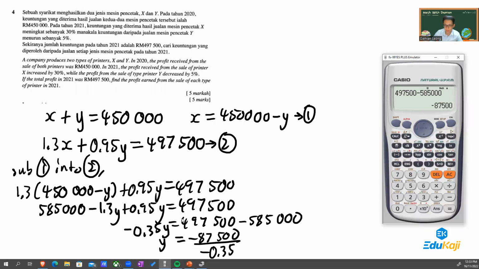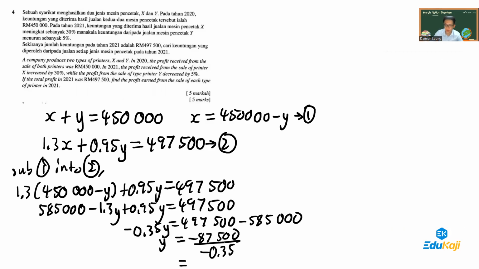And I will get 250,000. Here, right here. So Y is 250,000.